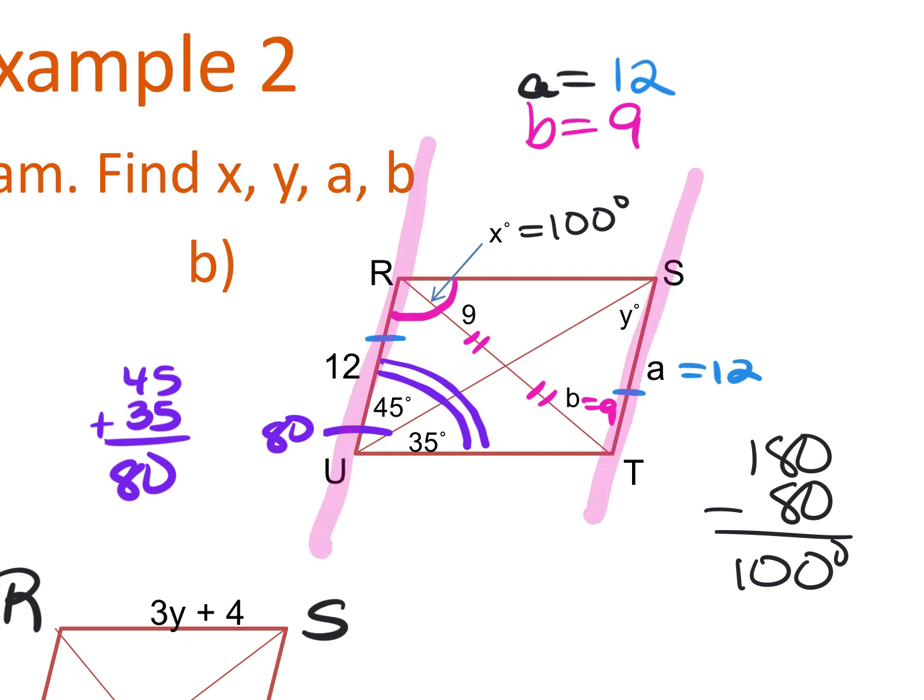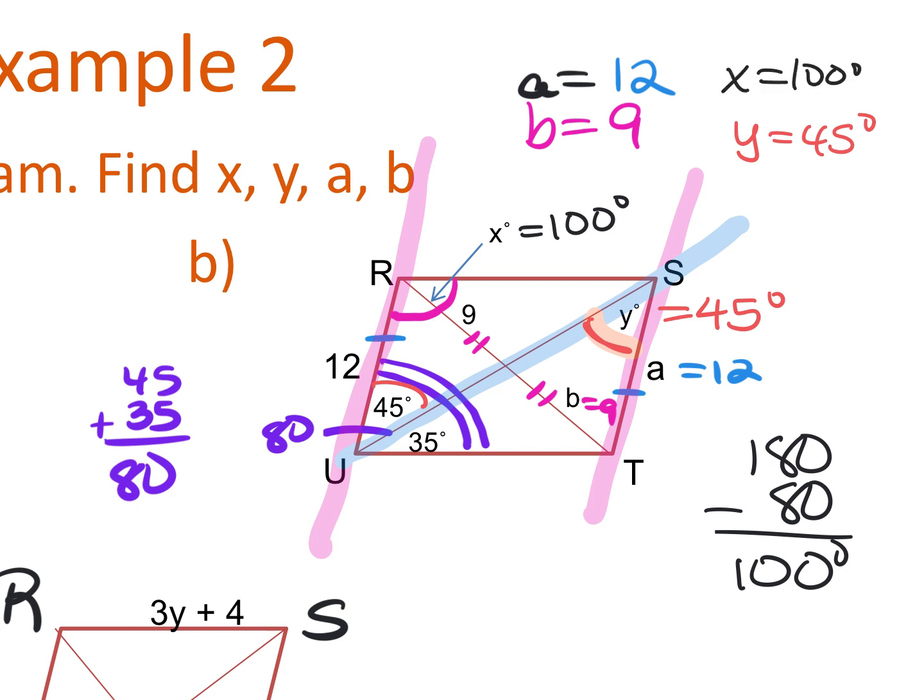And then I can use this diagonal as a transversal, which now creates angle Y as alternate interior to the 45. So angle Y is 45 degrees. So Y is 45, X was 100, and then A was 12 and B was 9.